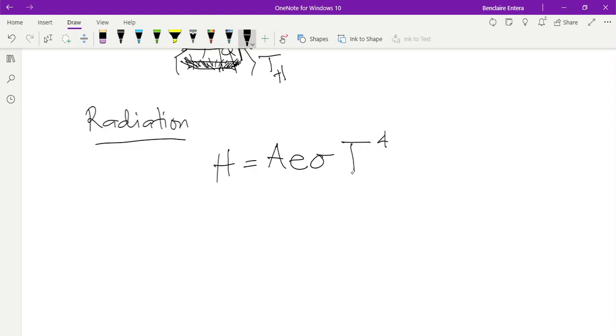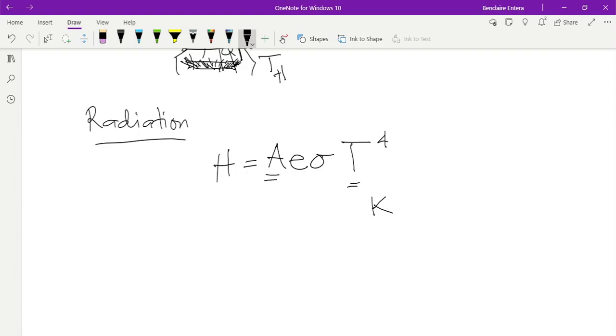Notice, temperature to the fourth power. That's how effective radiation is in transferring heat. This temperature must be in Kelvin. If the given in the problem is Celsius, convert that to Kelvin.